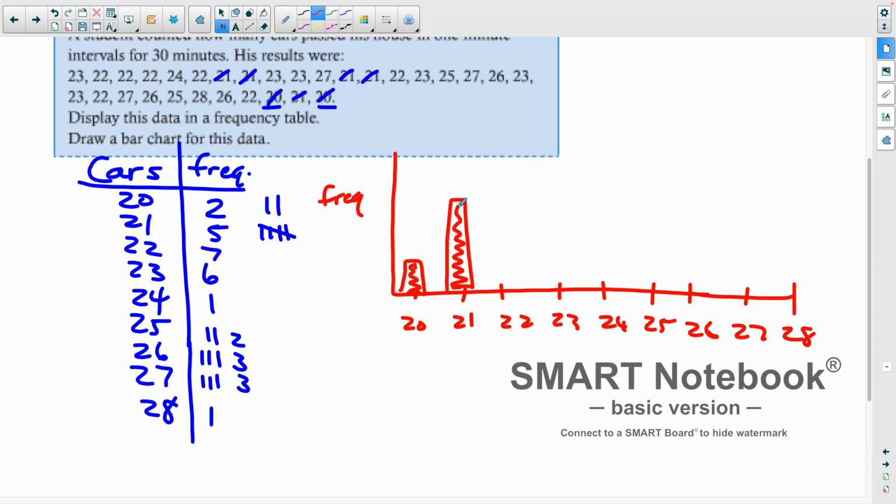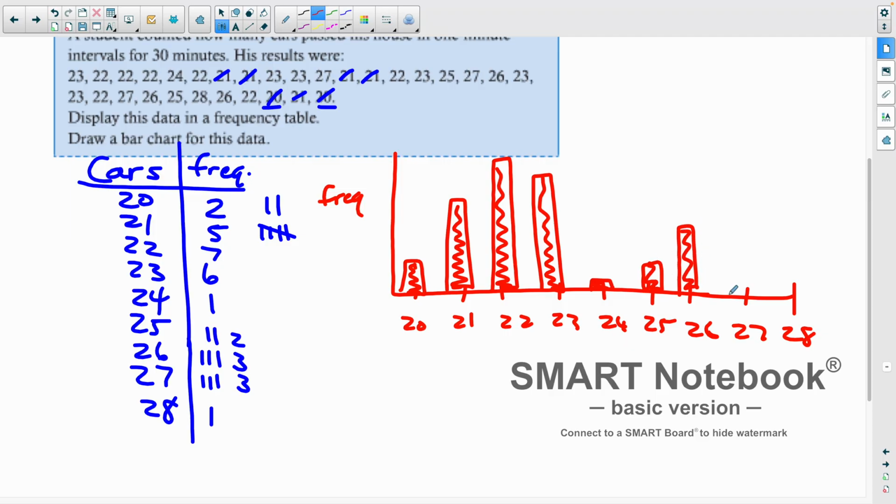For 22, it goes up to 7. 26. Then 1. Then 2. 3. 4. Okay.